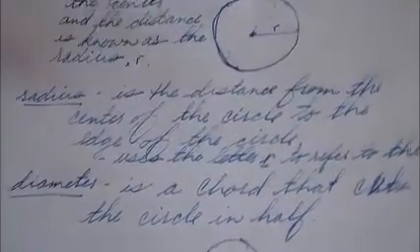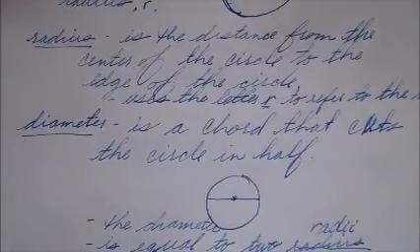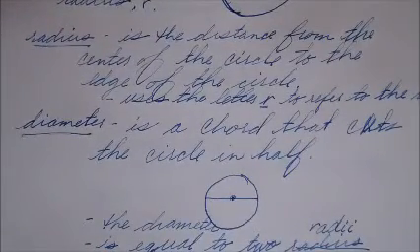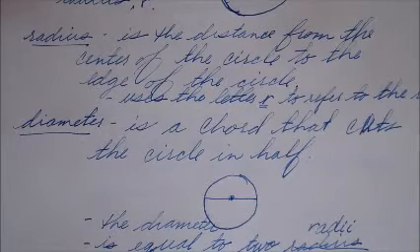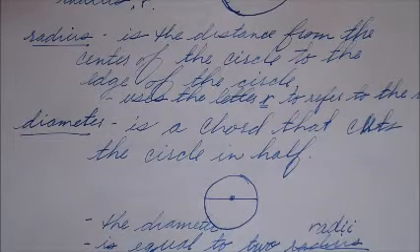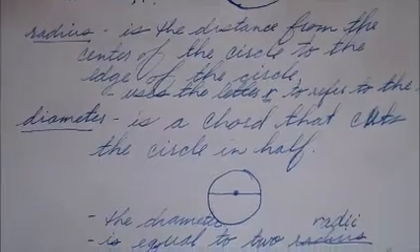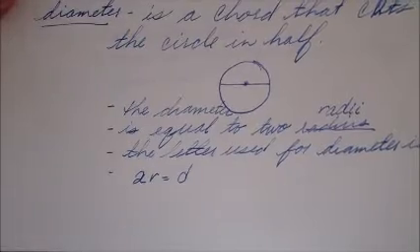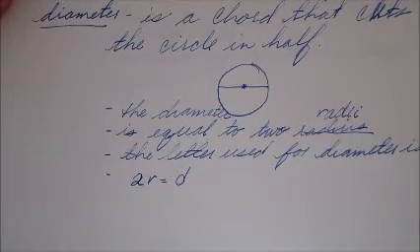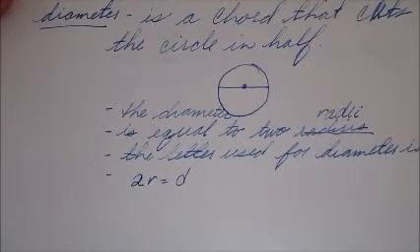Diameter. Diameter is a chord that cuts the circle in half. So a diameter is a chord that cuts through the center of the circle in half. The diameter is equal to 2 radii.